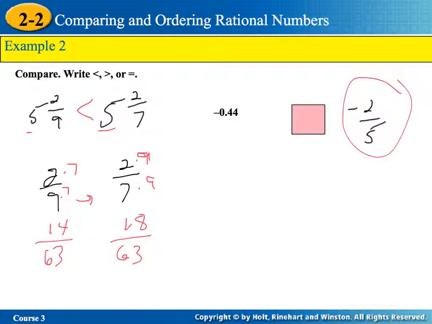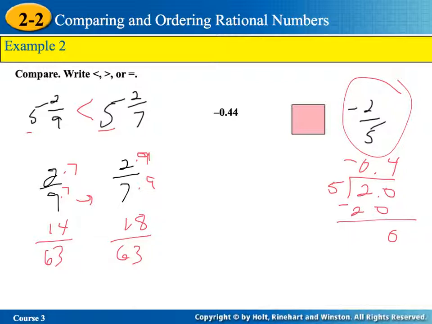So I'm going to convert negative 2/5 into a decimal, and when I do, I take 5 into 2. How many times does 5 go into 2? Can't do it, so I put my decimal, plug a 0 in. 5 into 20 is 4. I get a remainder of 0, but remember, I'm taking a negative divided by a positive.